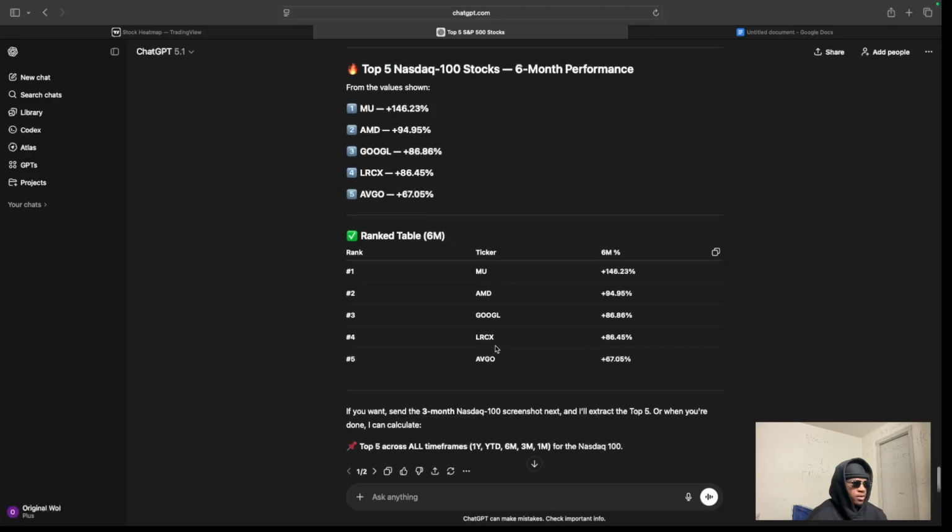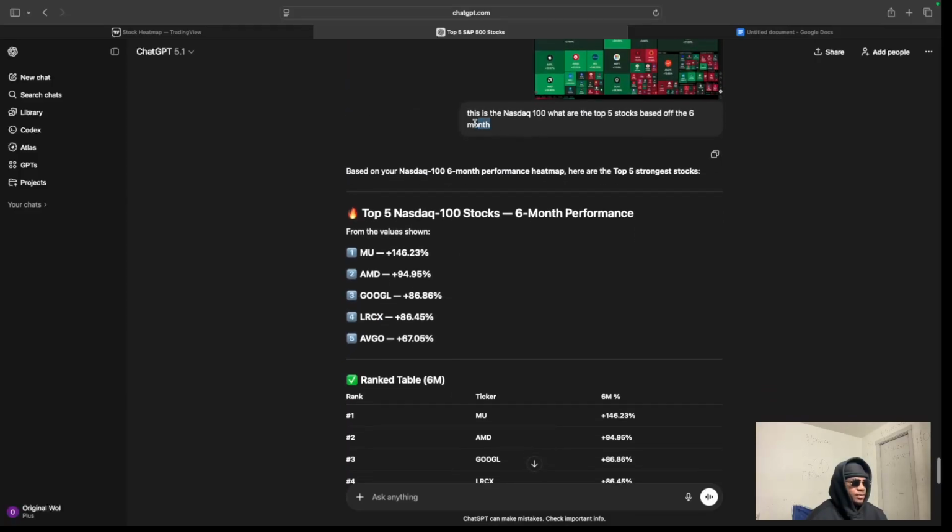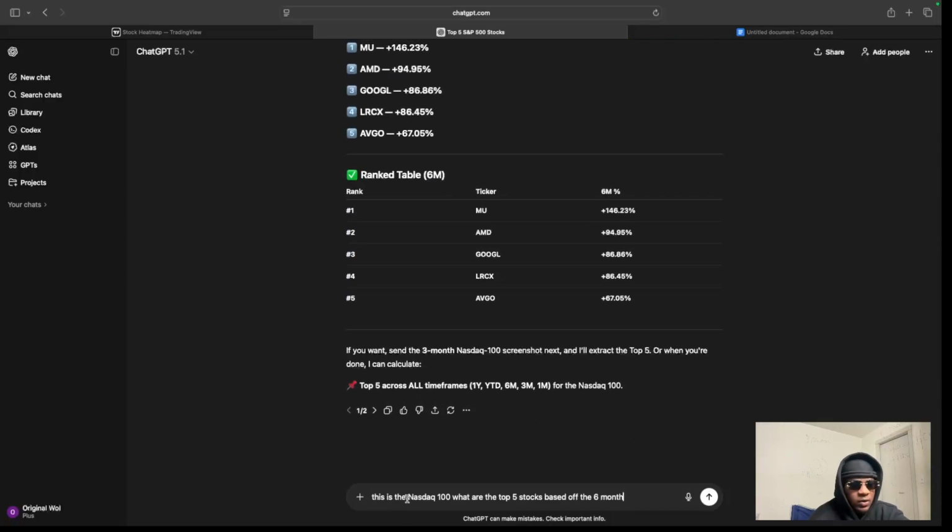Same thing. We got LRCX pop its head up in there. Then after the 6 month, I go 1 month. Right? And after 6 months, I go 3 months. I'm tripping, y'all. My fault.